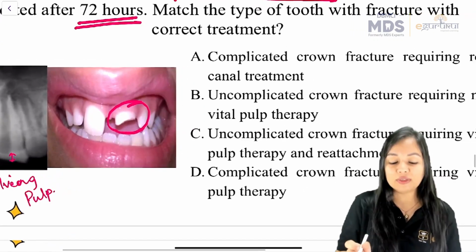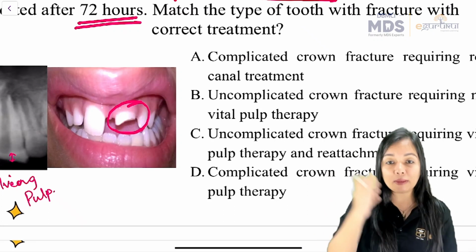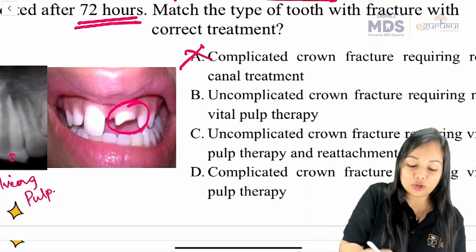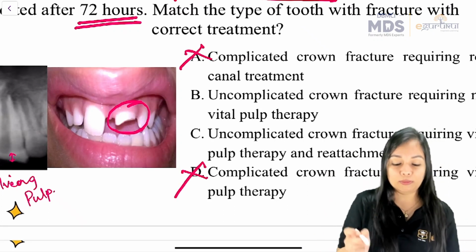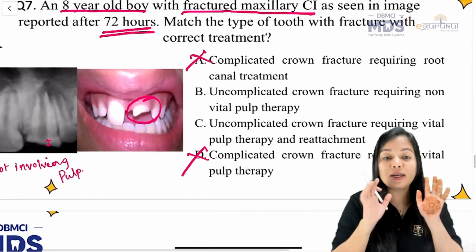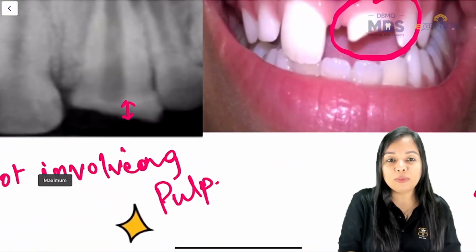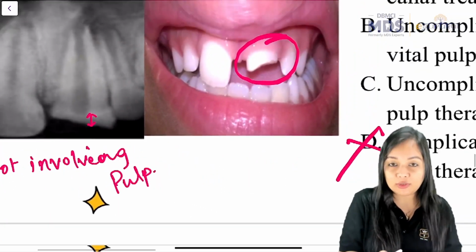Because there is no pulpal involvement, we can cross out option A and option D, because both of them say complicated crown fracture. Clearly this is an uncomplicated crown fracture, because the pulp seems to be safe. It is not involved when you see the x-ray.